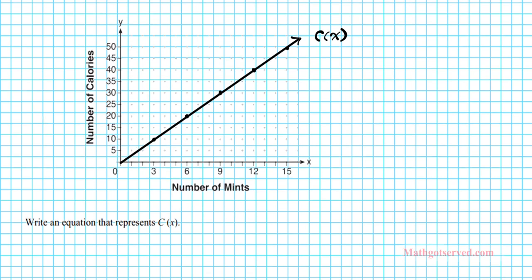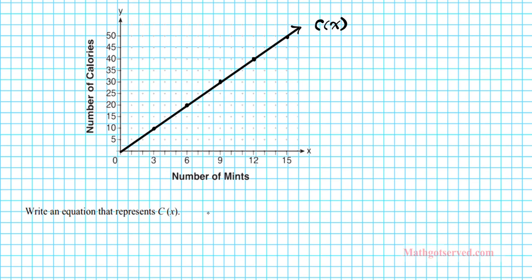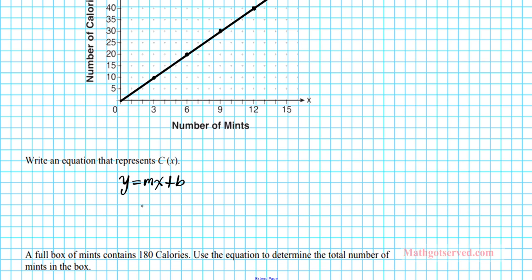How do you write the equation of a line? We can use y equals mx plus b. All right, so what does m mean? M is rise over run. That's the slope. And then b is your y-intercept.